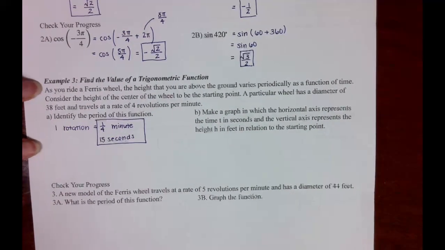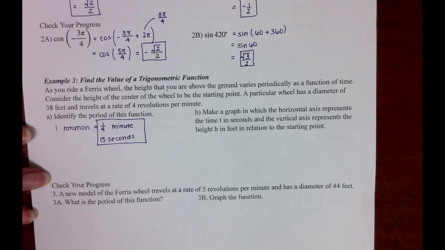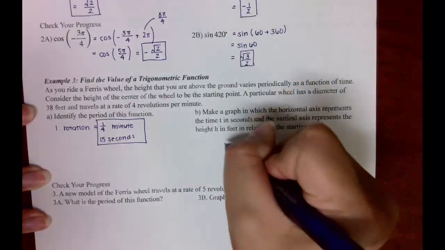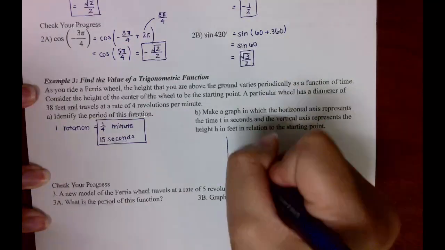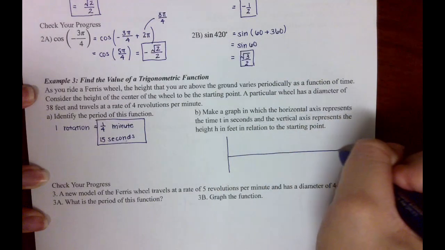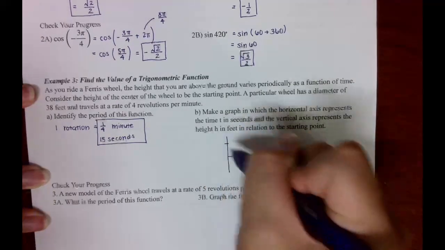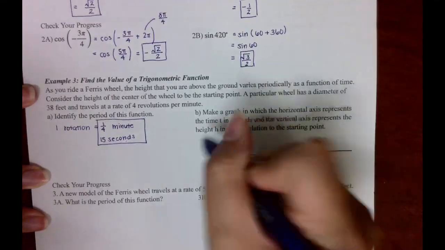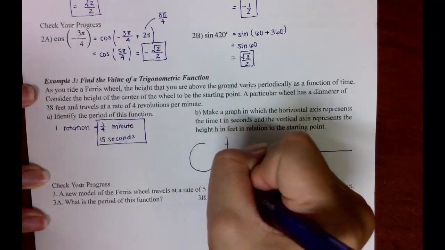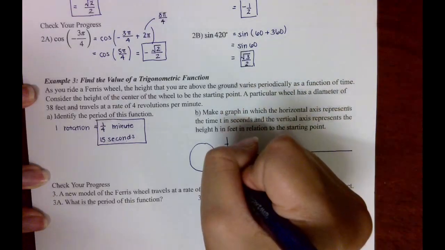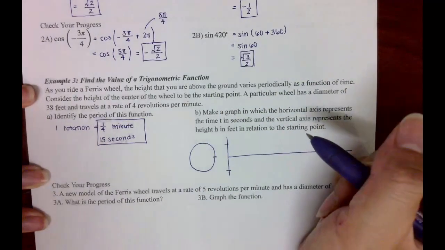Okay? And then here it says to make a graph in which the horizontal axis represents the time t in seconds. So here it is. The way that the book does it, I like how it drew a little picture of a Ferris wheel. Sorry, this is supposed to be a circle. This is where you're starting off.